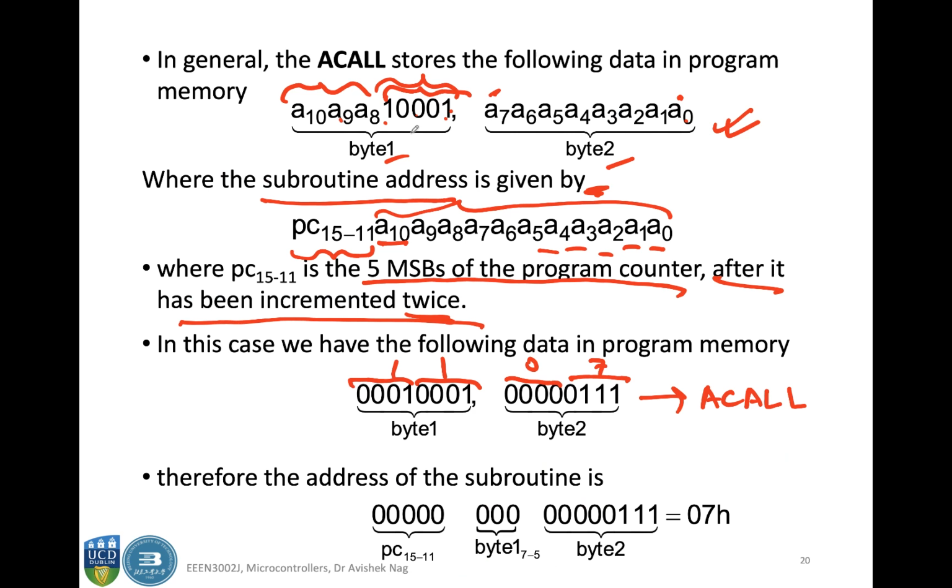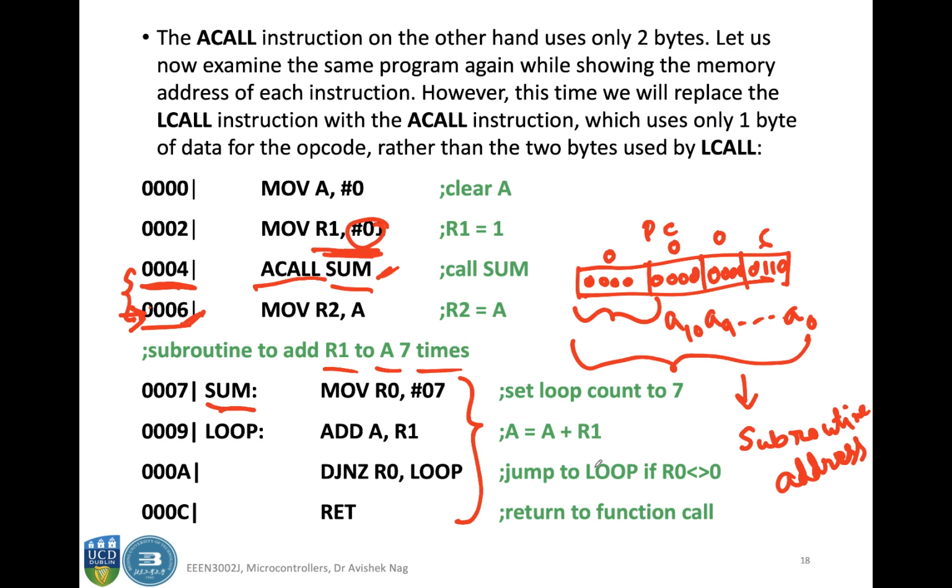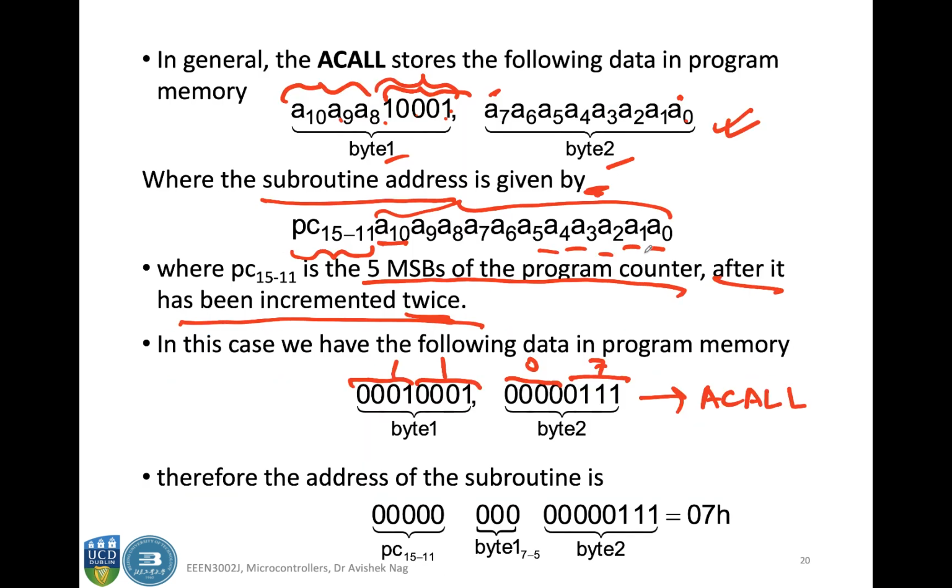So therefore the subroutine address will be, so now recall again, the program counter after moving 2 places was pointing to 0006. So the first 5 MSBs of the program counter were all zeros, 0, 0, 0, 0, and then this 0. So 5 zeros. Those 5 zeros will come here.